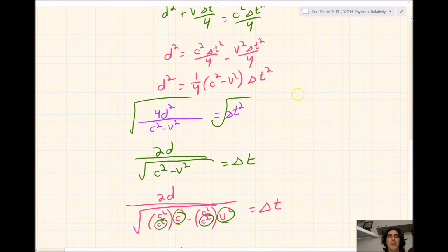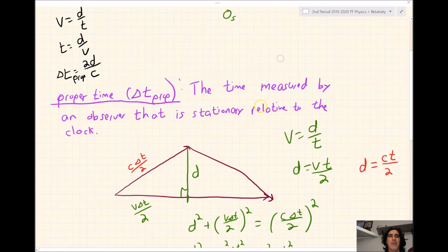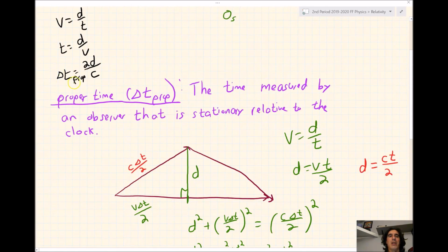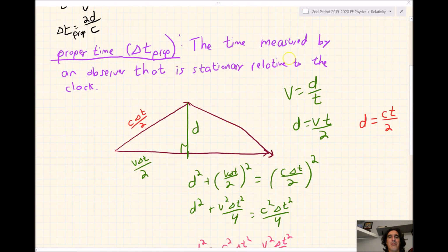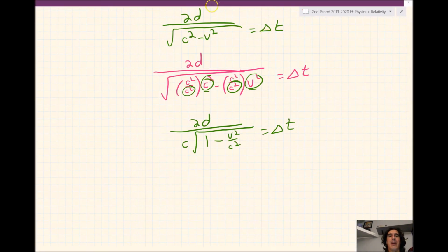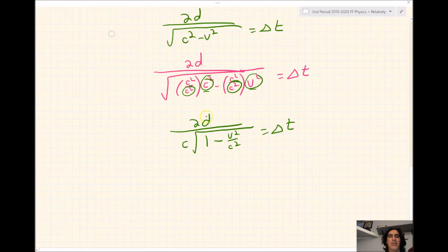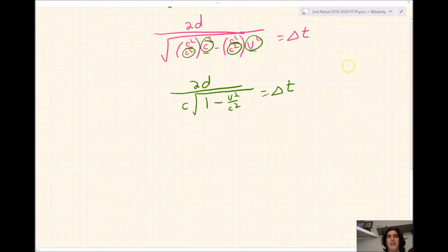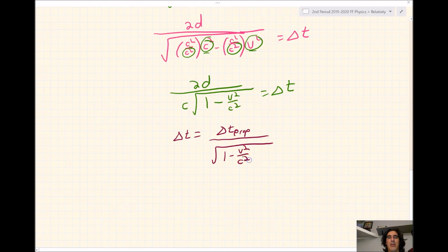If we scroll up to the top, we see that the change in proper time is 2d over c. And down here we have 2d over c. So we could change that to the change in proper time, which leaves us with delta t is equal to delta t proper, that's 2d over c, all over the square root of 1 minus v squared over c squared.